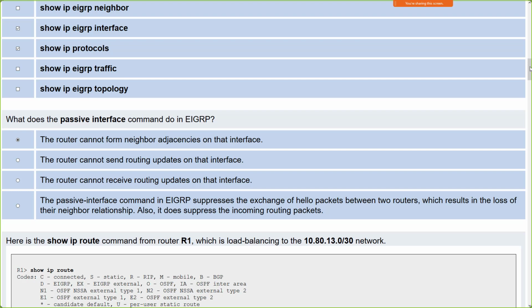Passive interface, I'm not going to receive routing updates because I cannot form an adjacency. So those are true as well, but I guess D is more true because it more specifically defines why. So I probably would have chosen D had I gotten down to reading that one, but technically all these are true in that regard.